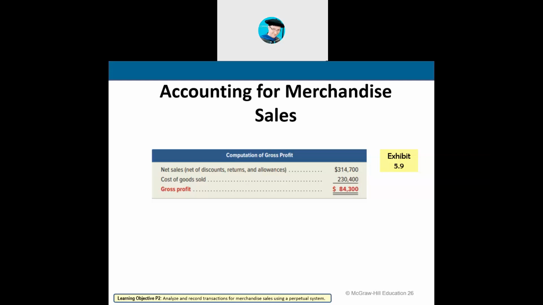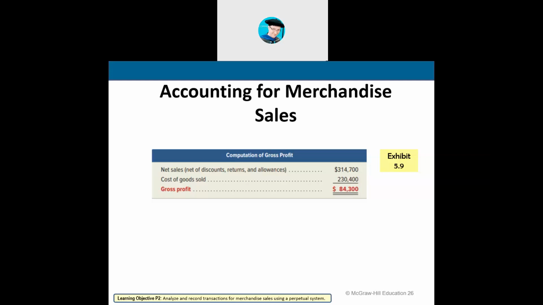When you see net sales, it's net of discounts, returns, and allowances. So sales minus discounts, minus returns, minus allowances equals net sales. You see net, it means after any deductions or additions.